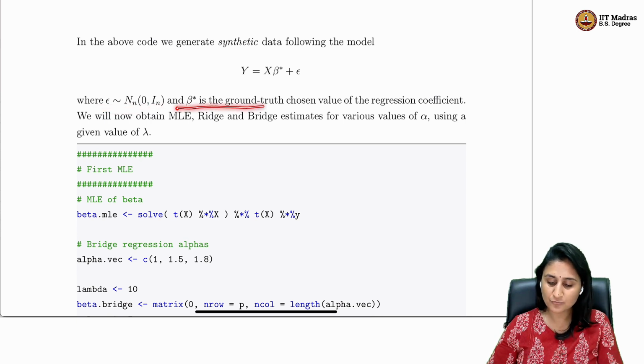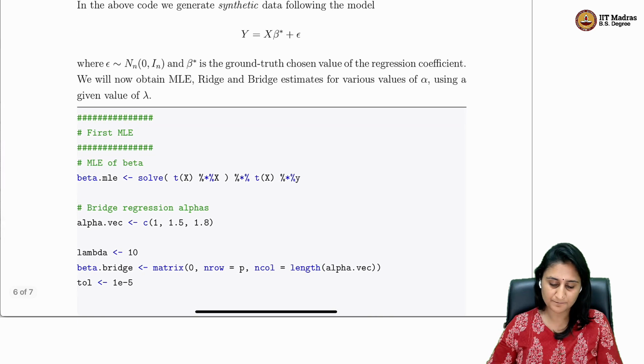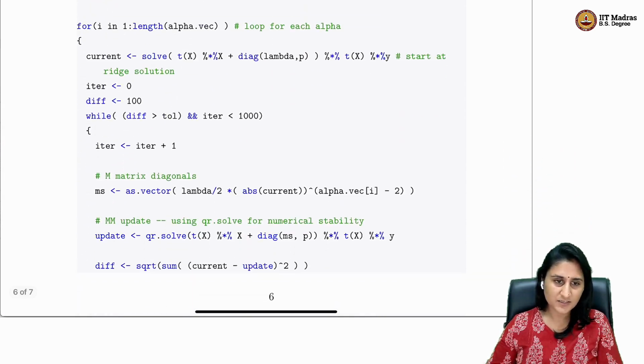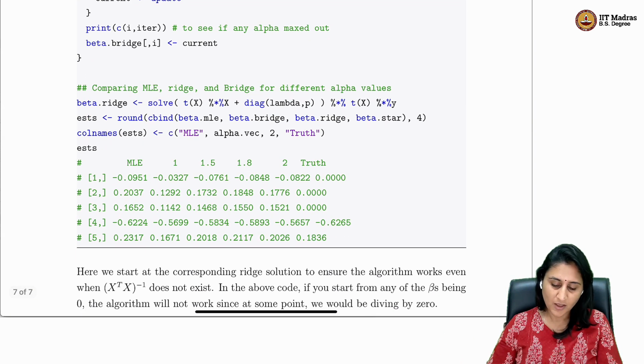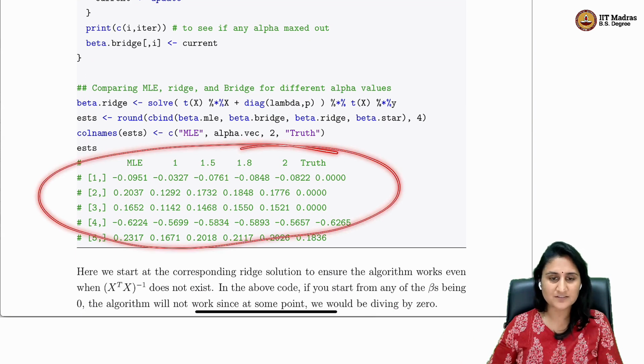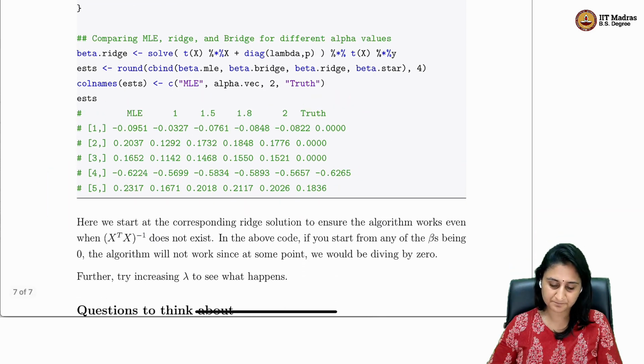Beta is some ground truth chosen for generating the data. And what we'll do in the code is we'll look at MLE, ridge, and bridge estimates for various values of alpha using a particular given value of lambda. Okay, so exactly how the code works, we'll go over in the next video when I show you the actual code, and we'll actually go through some of these tables as well.